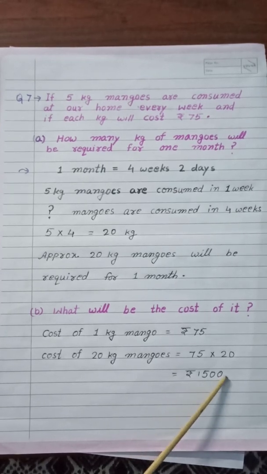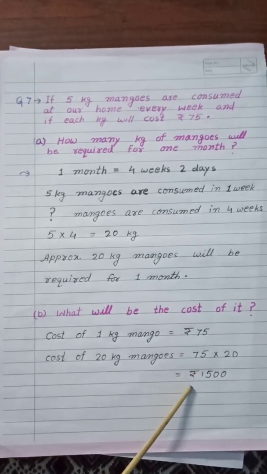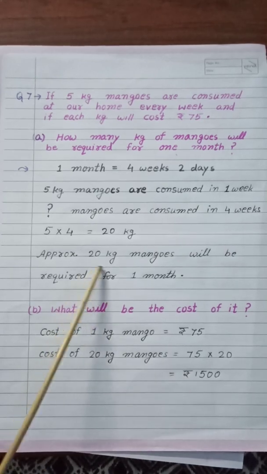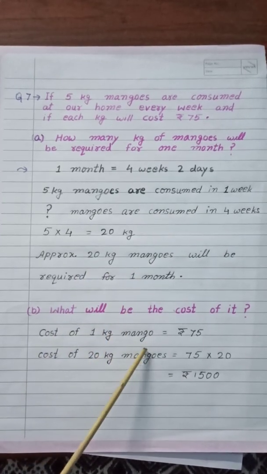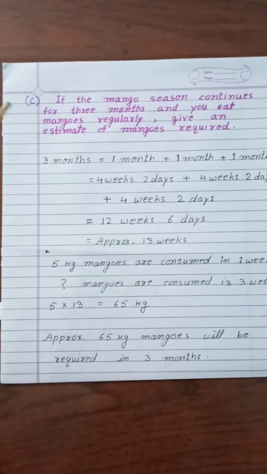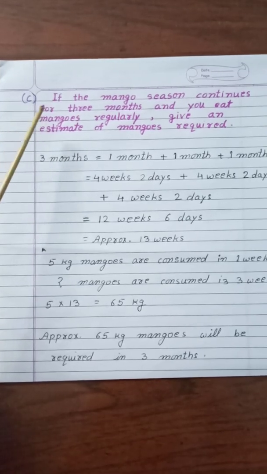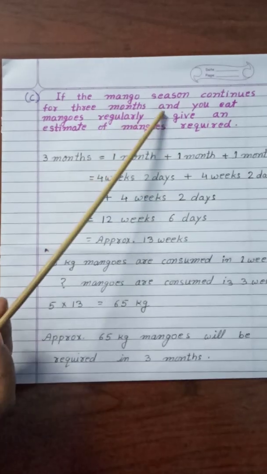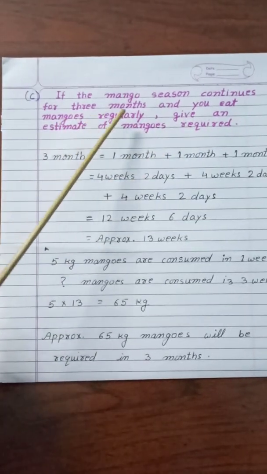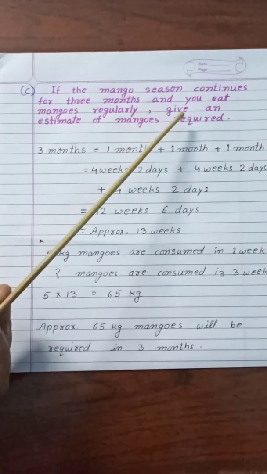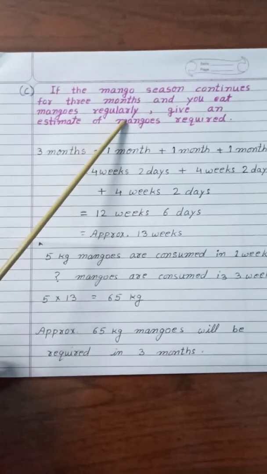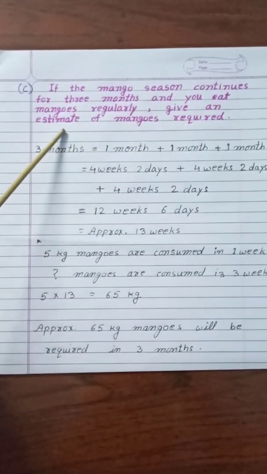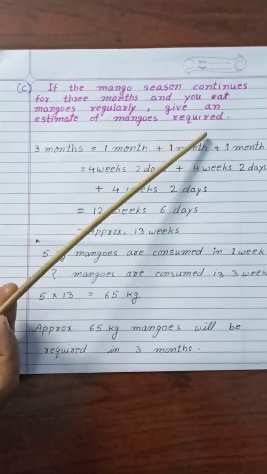So we will pay 1500 rupees for 20 kg mango. Now come to the next question. If the mango season continues for 3 months and you eat mango regularly, give an estimate of mangoes required.